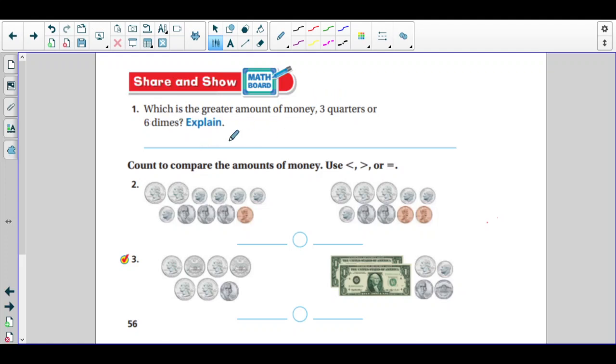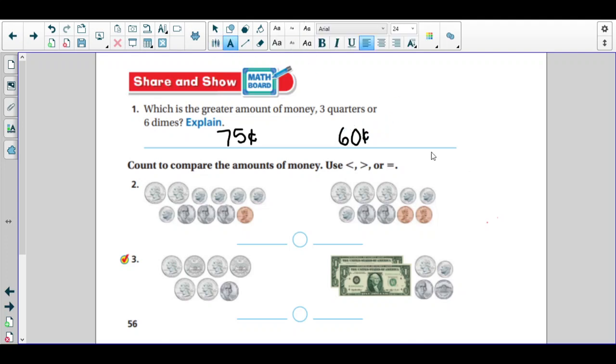All right, 3 quarters is going to give me 75 cents. And the 6 dimes are going to give me 60 cents. So, which one is greater?